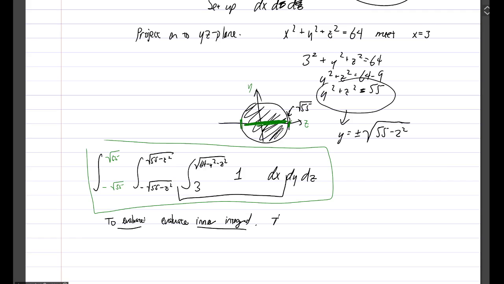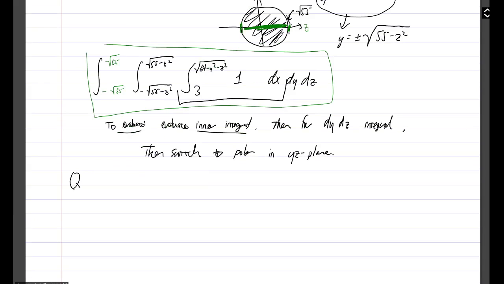Then, for the dy dz integral, I would switch to polar, but not in the xy plane. You have to kind of create your own homegrown polar coordinates, polar in the yz plane. That I think would make this the easiest to do.